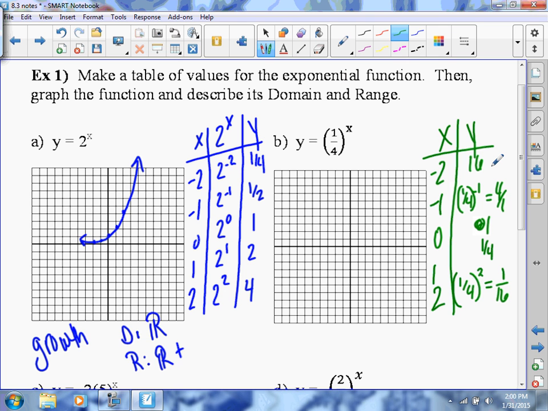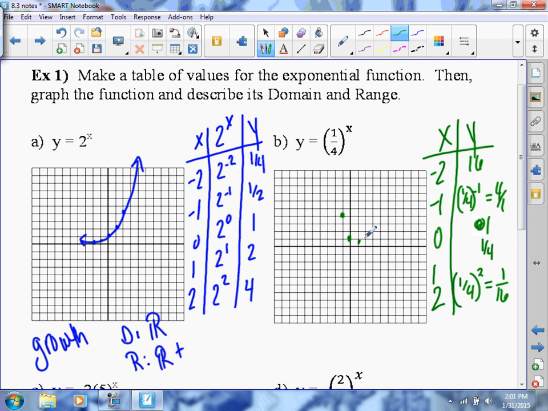Now you can put that into your graphing calculator or your little calculator. Just make sure you have parentheses around the 1/4. And then when you graph, -2, 16 is not going to fit on the graph, but -1, 4 will, and 0, 1, and 1, 1/4, and 2, 1/16.